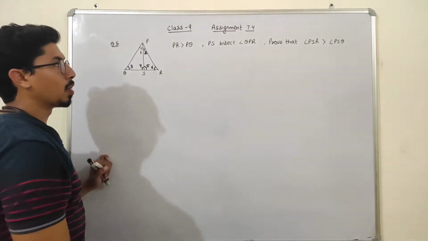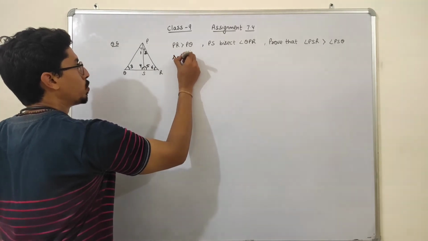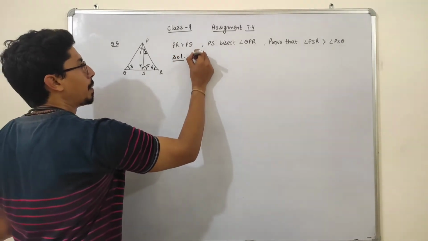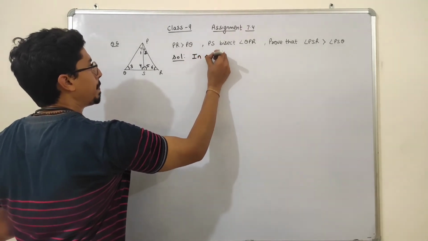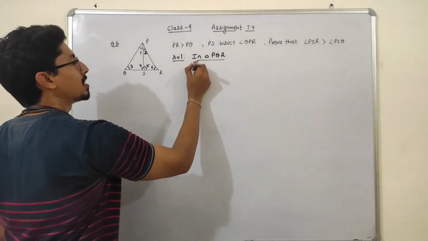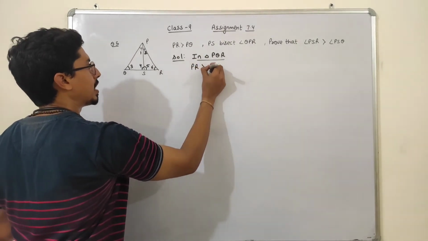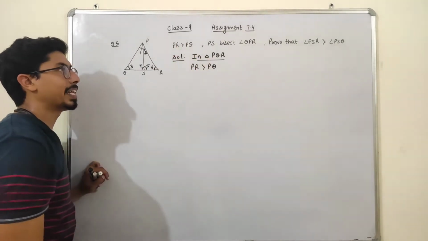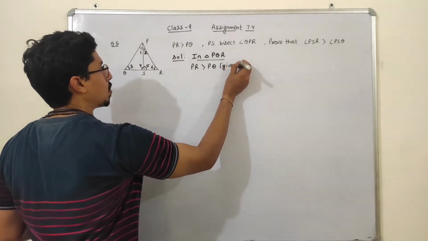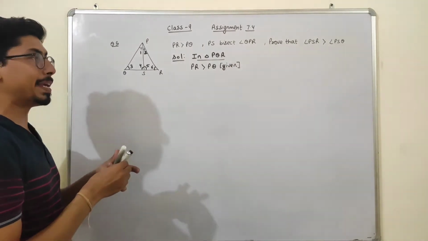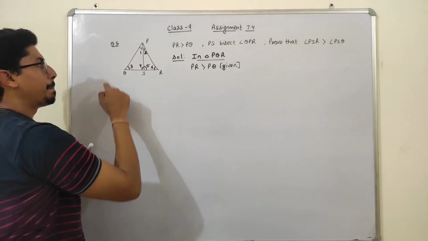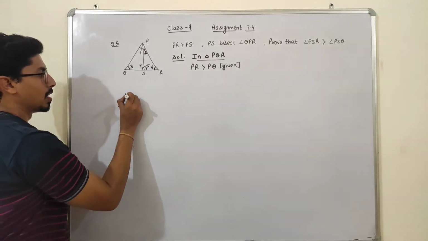If I solve, students, see: in the bigger triangle PQR, it is given in the question that PR is greater than PQ. Now students, in triangle PQR, you don't have to see this PS, just see this triangle PQR.